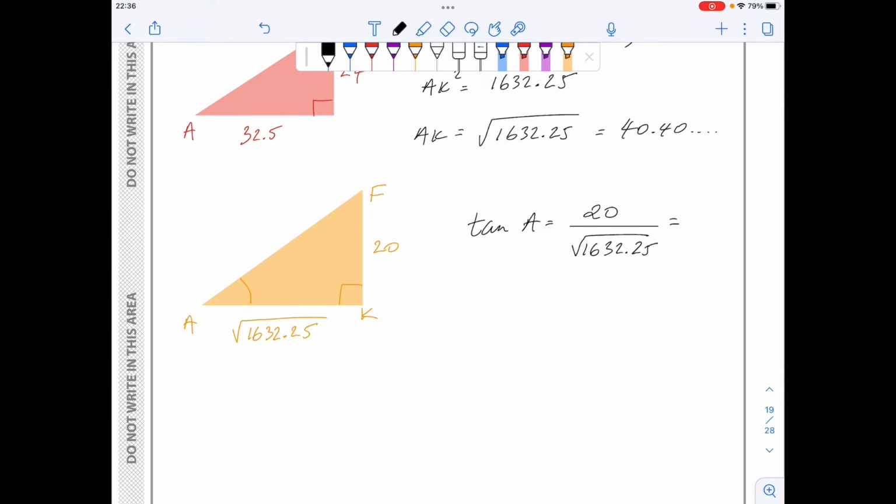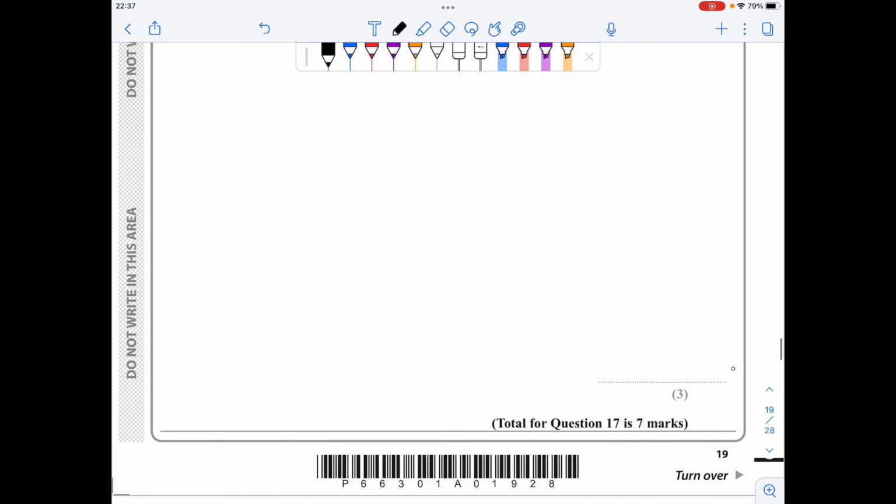This comes out to be 0.495 and so on. So A is inverse tan of this number here, which comes out to be 26.3 degrees, and this is my final answer.